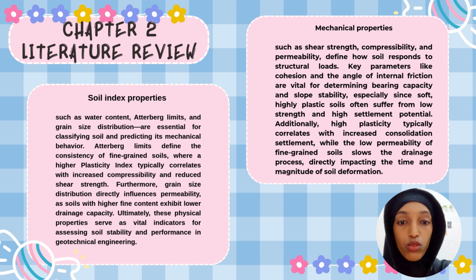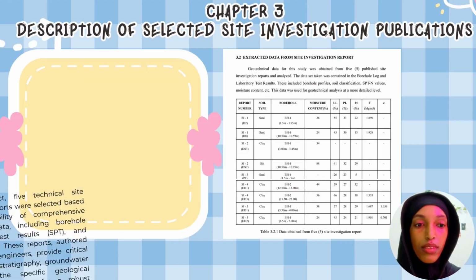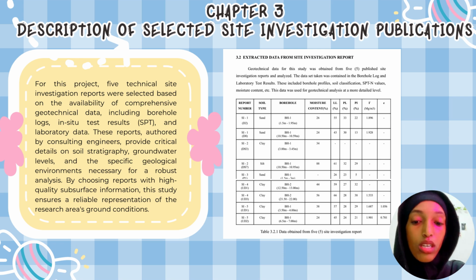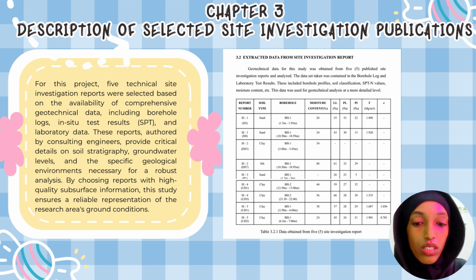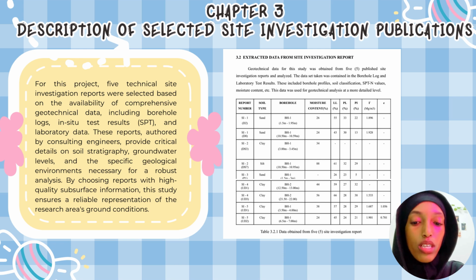And we will move to chapter 3. In chapter 3, we have the description of selected site investigation publications. The site investigation reports were selected based on the availability of relevant geotechnical data.